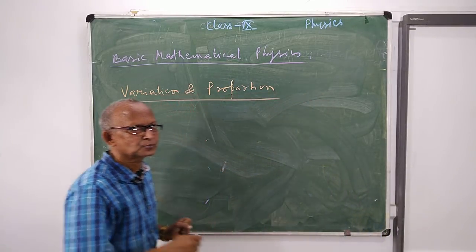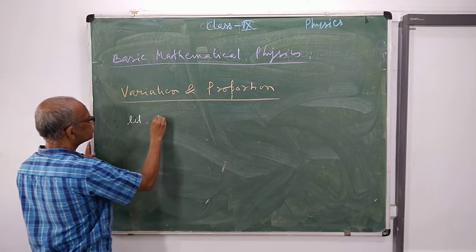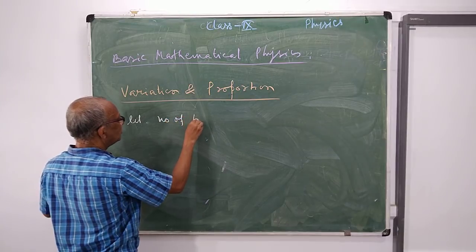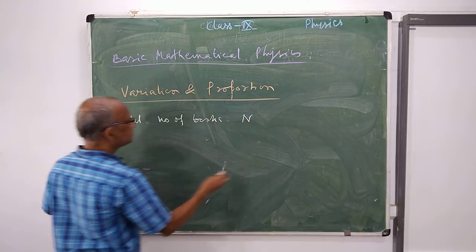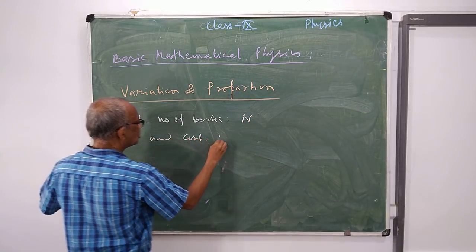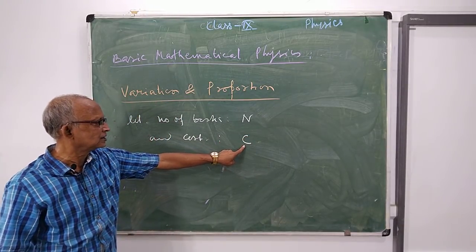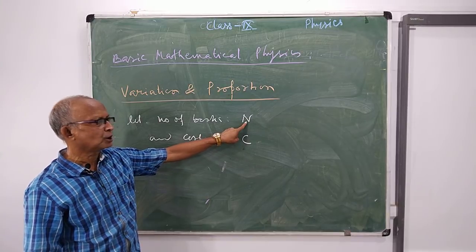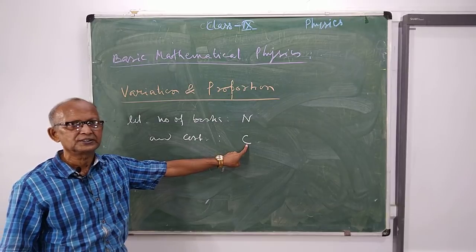So how do we explain this mathematically? Number of books n and cost c. So what is the relation here? If the number of books increases, then the cost price of those books also increases.